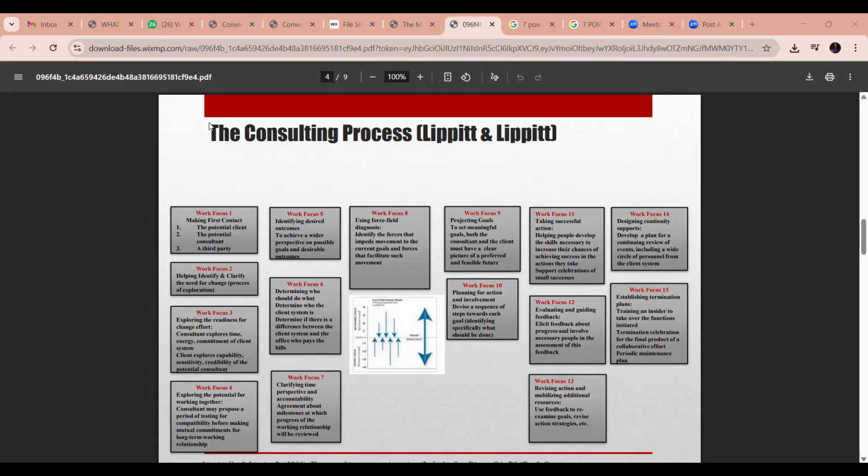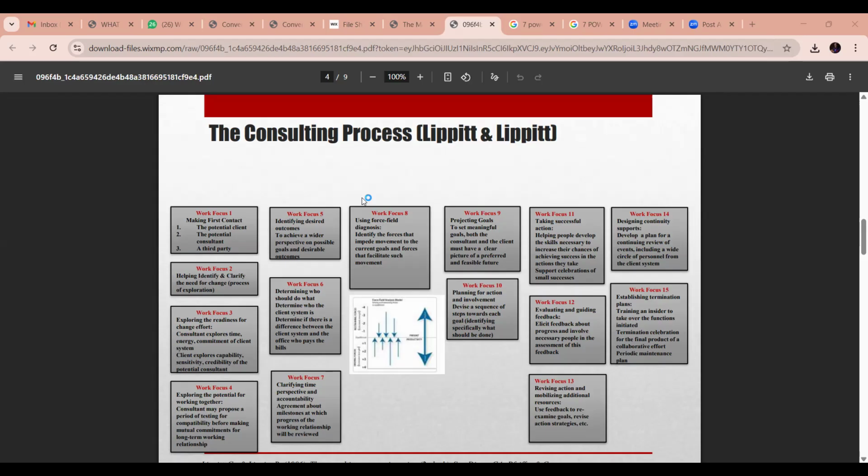Yes, we can deal with it, but what is stopping us? Whatever is stopping the organization from achieving what they want to achieve is what you call the force field diagnosis. And it's always good to do that, because you can speak all the grammar, but if the client is not ready, you won't achieve what they want to achieve.